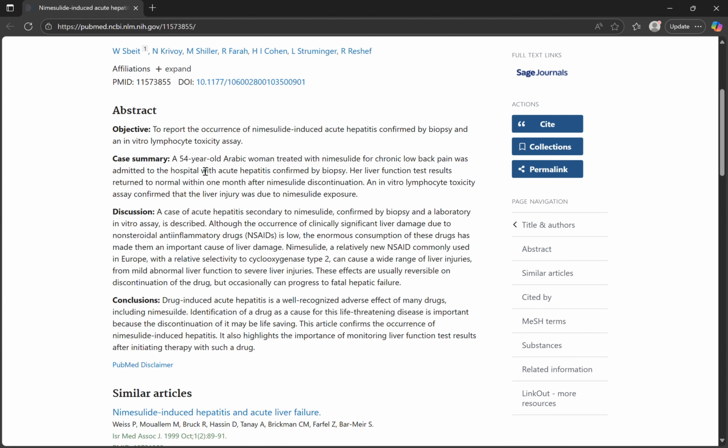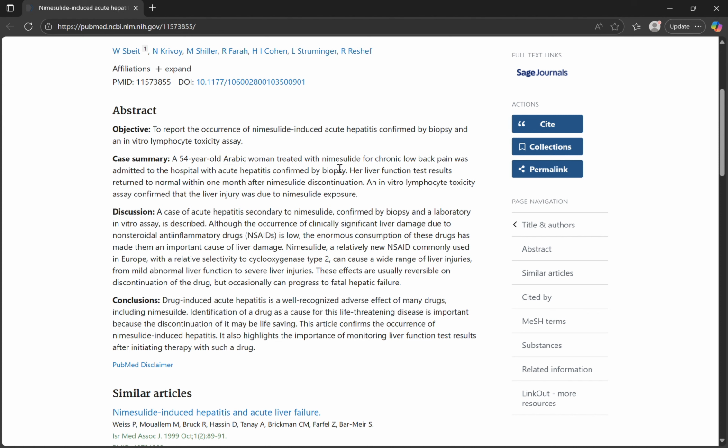Now, if we look at the case summary, what things can we interpret from here? We have a 54-year-old Arabic woman. The 54-year-old is the first piece of information. Second, the woman is Arabic.